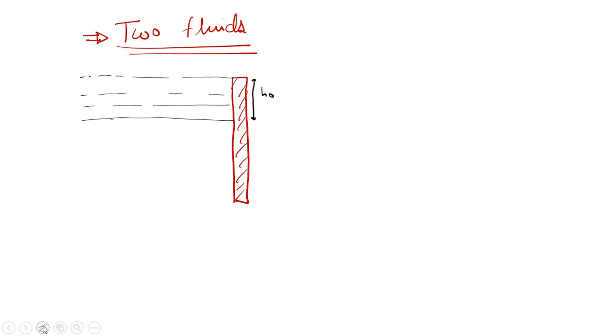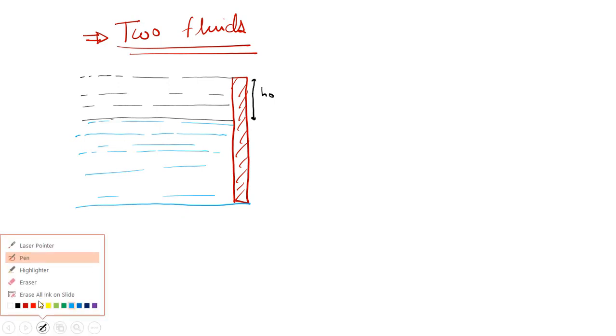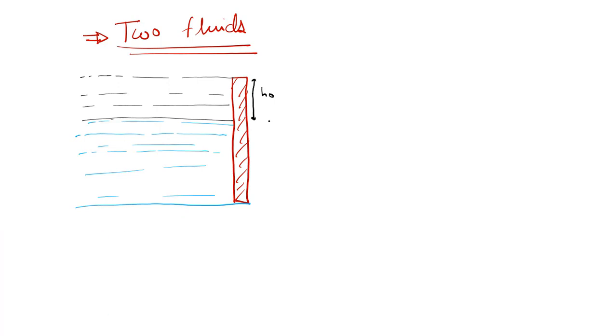Then it has water, a different fluid, and the height is h W. The density of oil is rho naught, and the density of water is rho W.